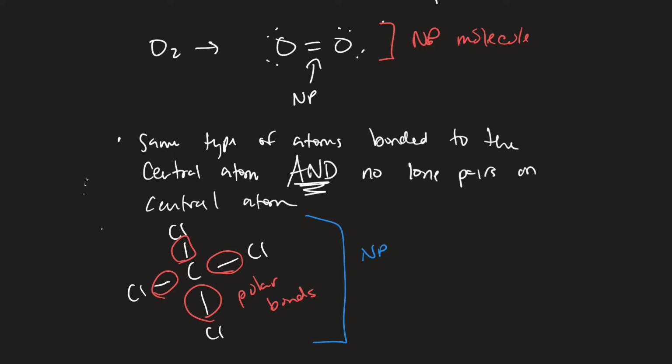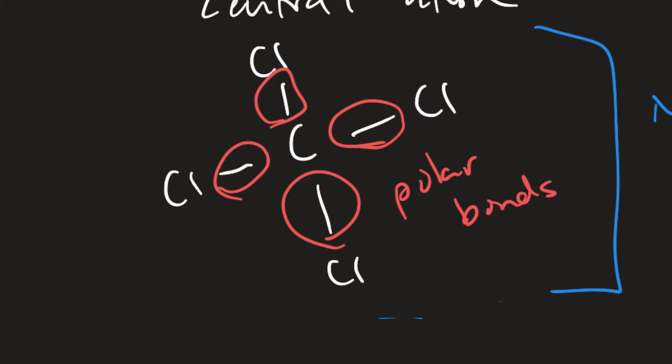In this molecule, the chlorines are all slightly negative, and the carbon is slightly positive, so you have this equal distribution of electrons in the outside parts of the molecule.